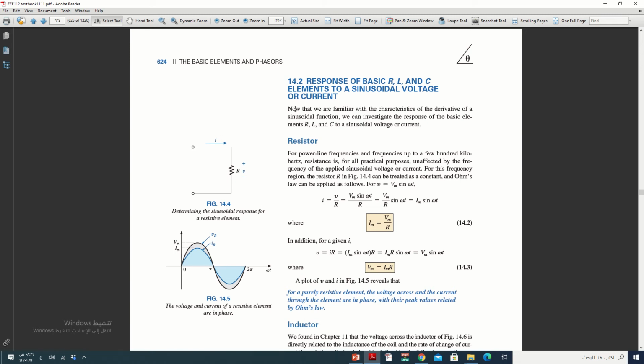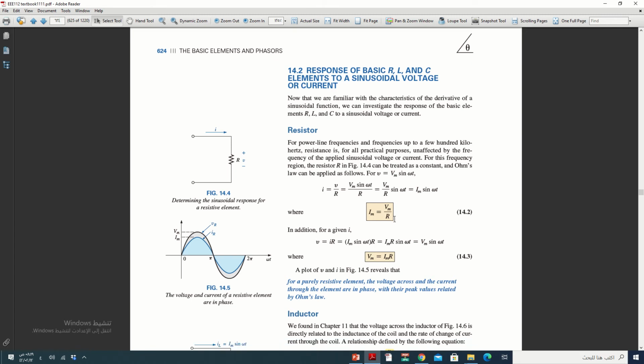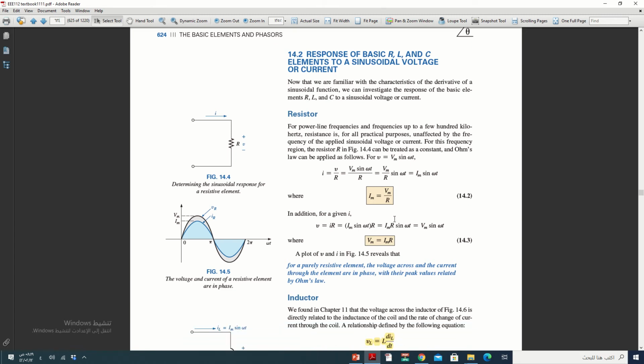14.2 talks about the response of basic R, L and C elements to a sinusoidal voltage or current. If you remember from the last lecture, when we write current or voltage with a small letter, this means we need to write the voltage as a sinusoidal expression: v equals Vm sine omega t.